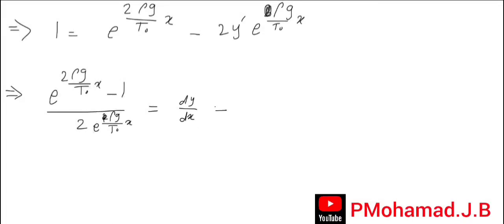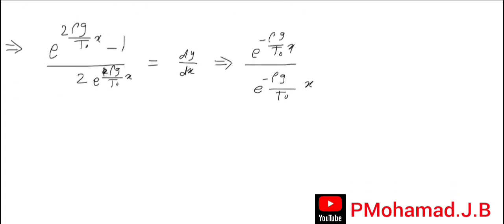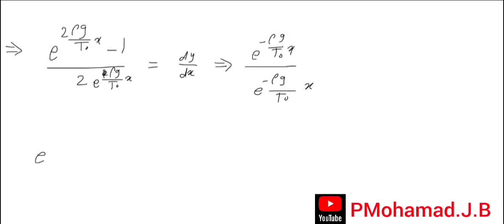And so we can multiply the LHS by this fraction, e to the power of minus rho g divided by t0 x. If we multiply the LHS by this, we will have e to the power of rho g divided by t0 x minus e to the power of minus rho g divided by t0 x, divided by 2, is y prime.